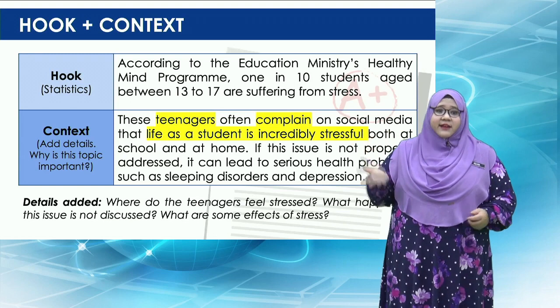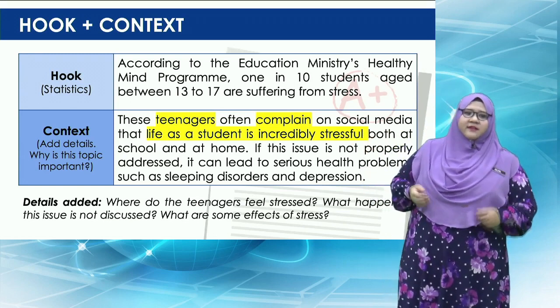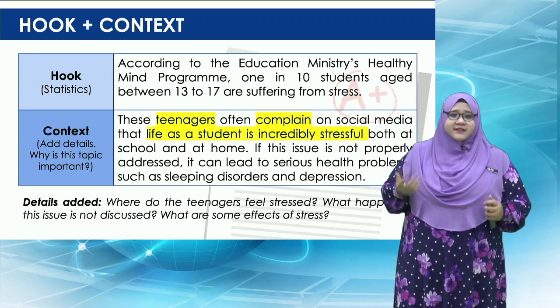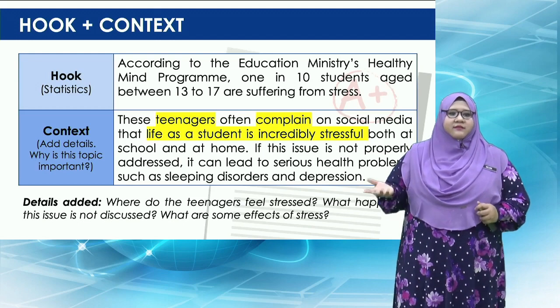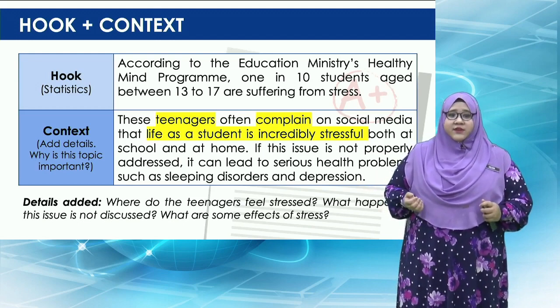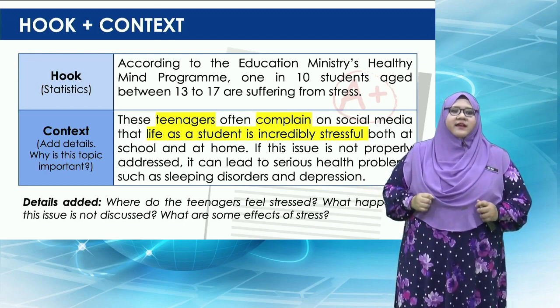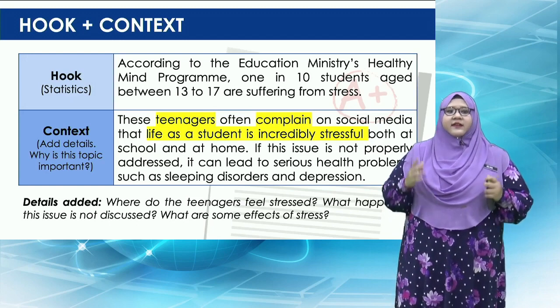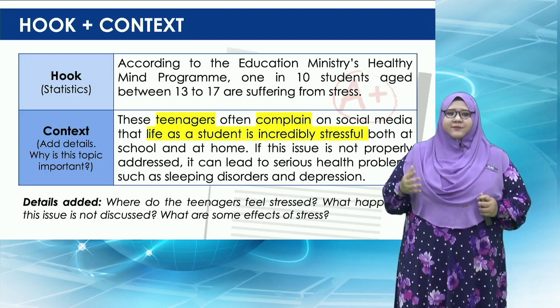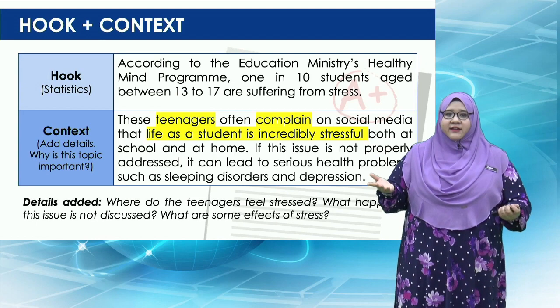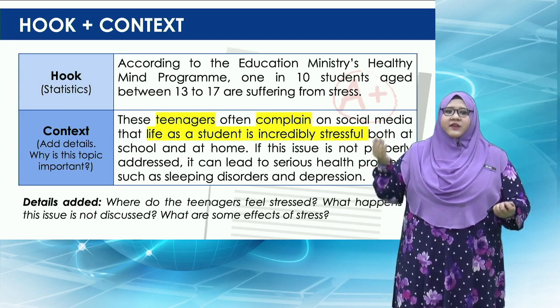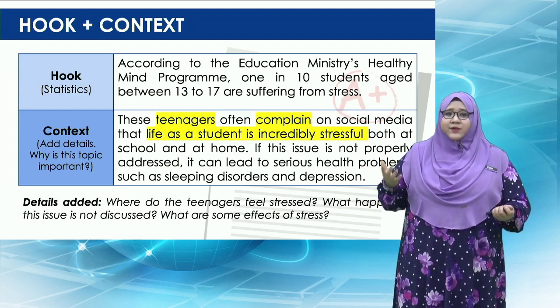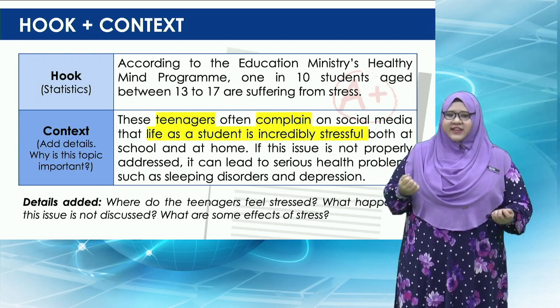At school and at home. What happens if this issue is not discussed? It will lead to a more serious problem. What are some effects of stress? Sleeping disorders and depression. Very clear cut that we are talking about stress, and the stress that we are talking about is among teenagers.